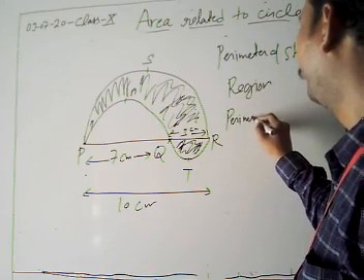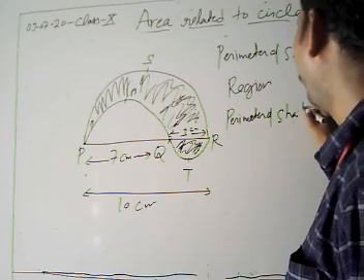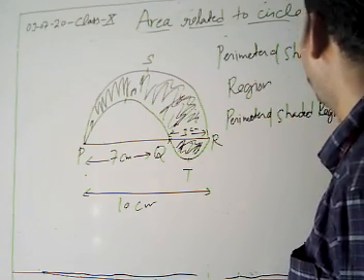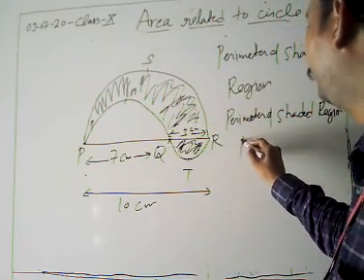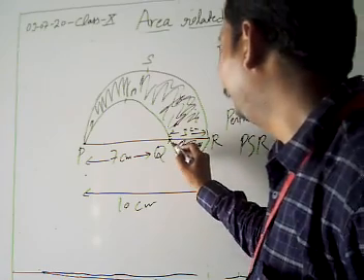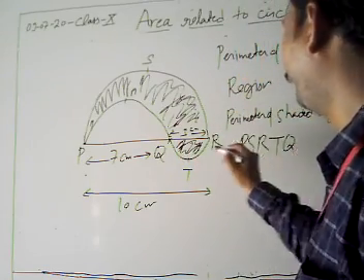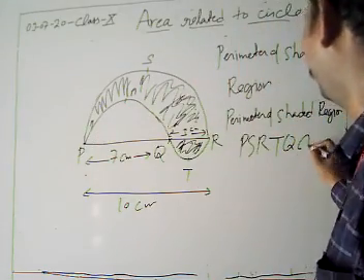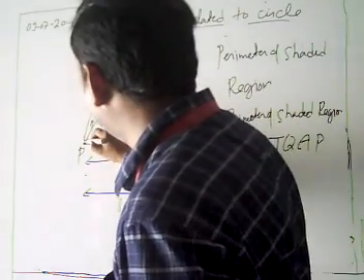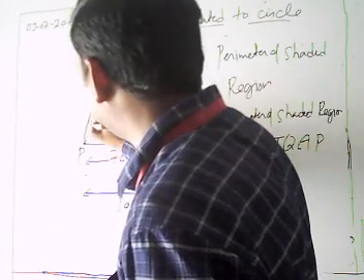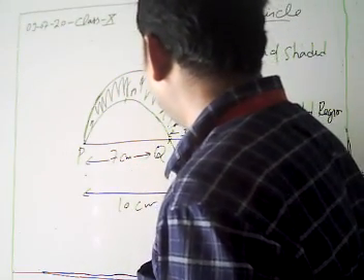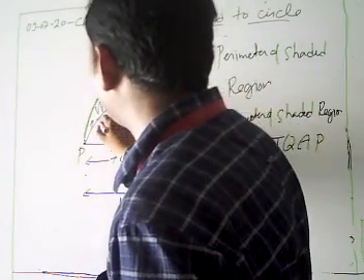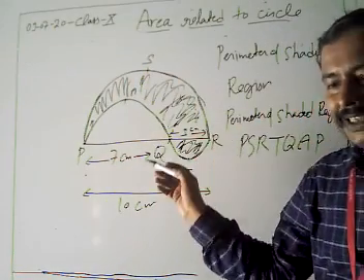We have to find the perimeter of the shaded region. We have to move from P through S to R, then T, then move to Q, then we have to move with A and then P. Then we start from P, reach S, then continuously moving we come to R, then move to T, then Q, then again A, then reach our P. This is our perimeter of the shaded region.